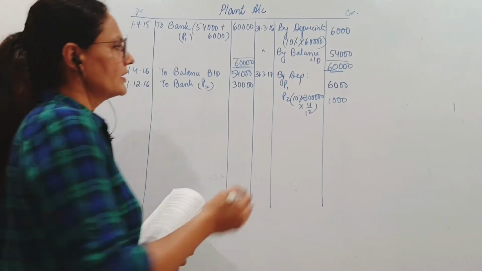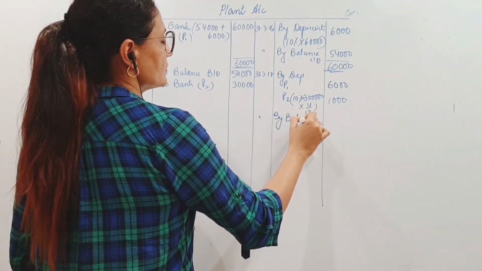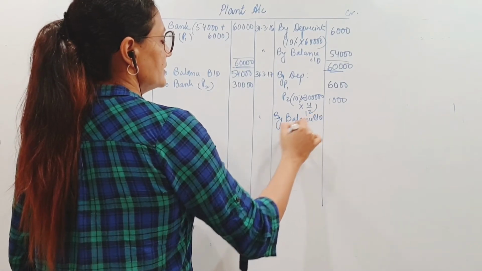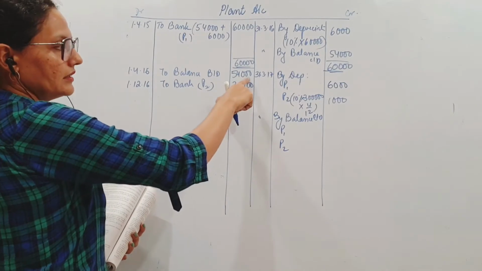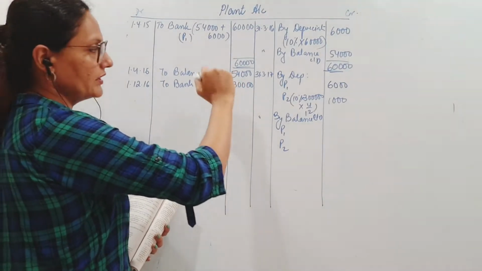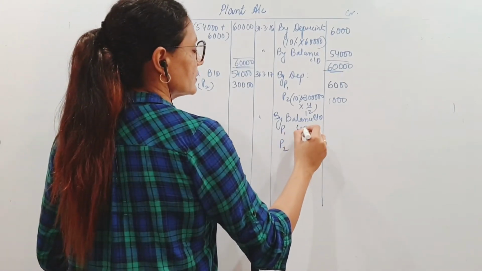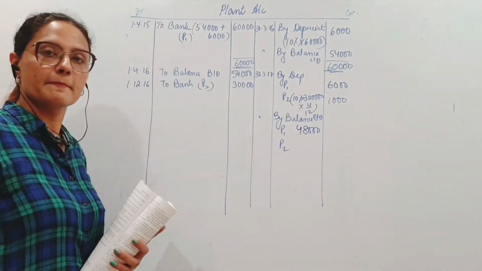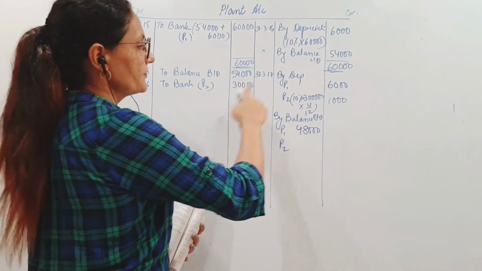Keep them separate, because that will help me find the balance of each of the plants separately. Now you just see plant 1, beginning of the year, how much is the value? 54,000. We depreciated 6,000. So what is the written down value? 48,000. Plant 2, we purchased for 30, we depreciated 1.